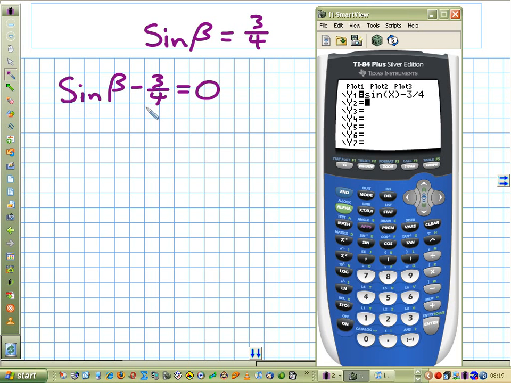It's just the sine function with a vertical shift down of 3/4. And we're asking, where does the function equal 0? In other words, where does it cross the x-axis? Where is the y value, the height, 0? Wherever it crosses the x-axis. So that's what we're looking at.